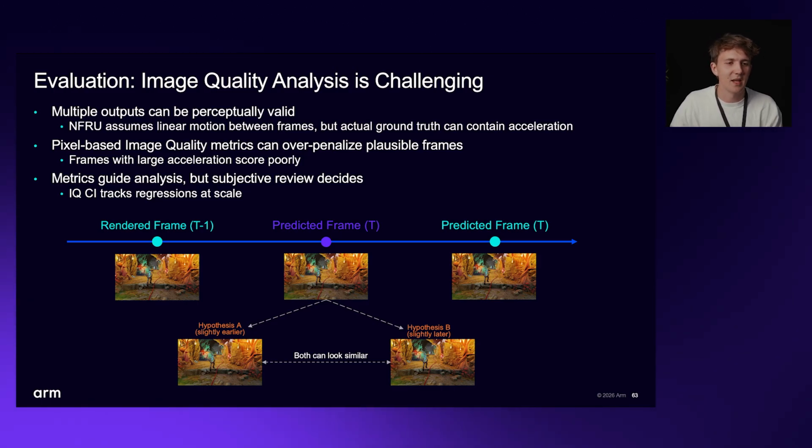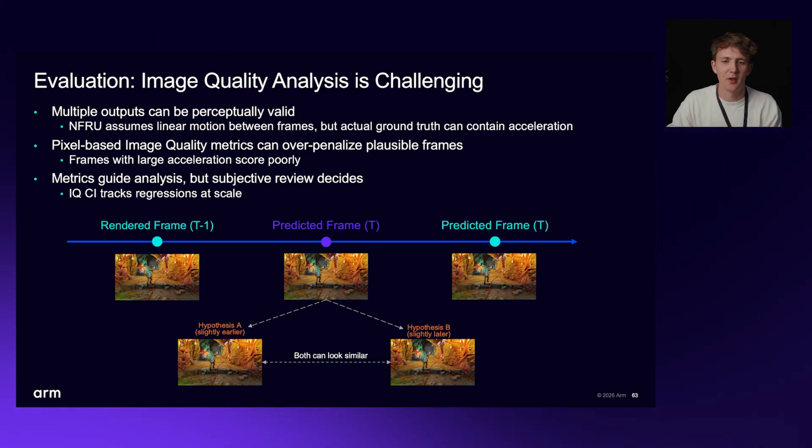And so this means a slightly earlier or slightly later position in the actual ground truth can look completely natural in motion. However, if you're using a pixel-based image quality metric, they may heavily penalize your result, because effectively you're creating this pixel shift in your predictions. And this is particularly noticeable in sequences where you've got rapid acceleration, where the ground truth is not aligned to the halfway point, but your interpolation is firing straight at the halfway point.